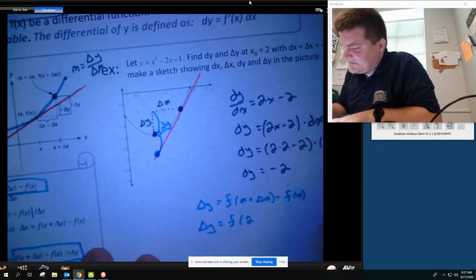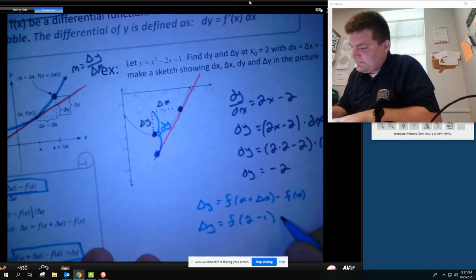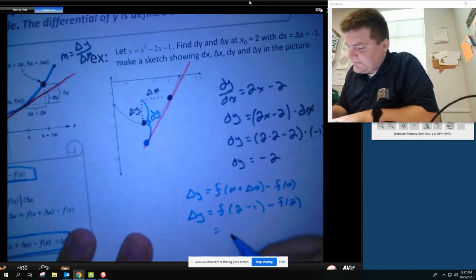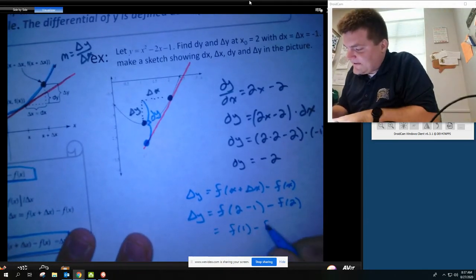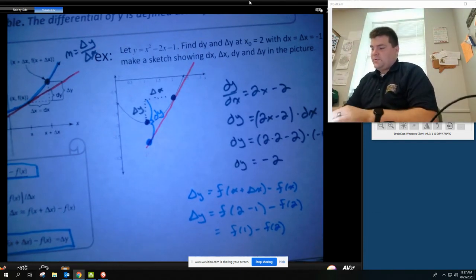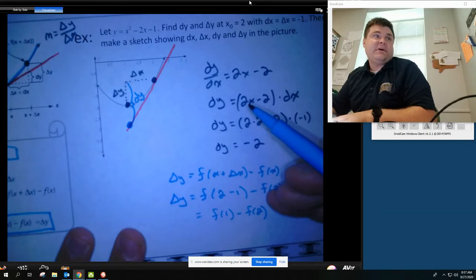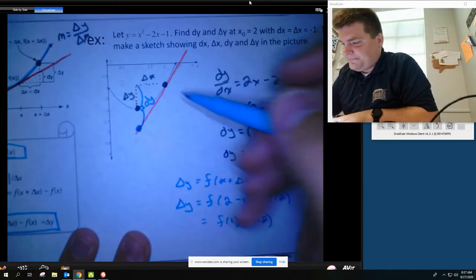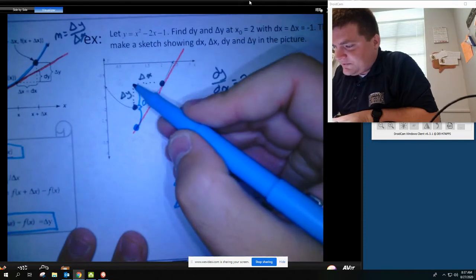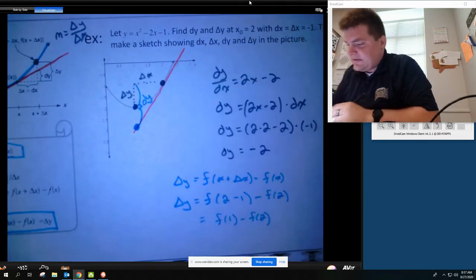Delta x is -1, minus f of 2. So this is going to give you f of 1 minus f of 2. Which does make sense before I even plug anything in because, well, isn't that what we're doing here? We're doing f of 1, which is right here, minus the height there at f of 2.